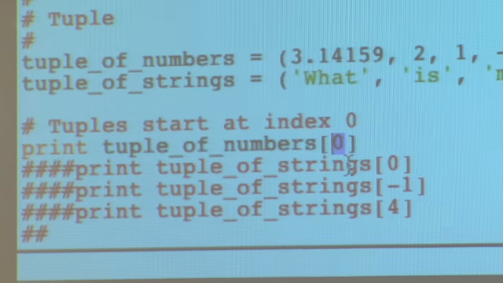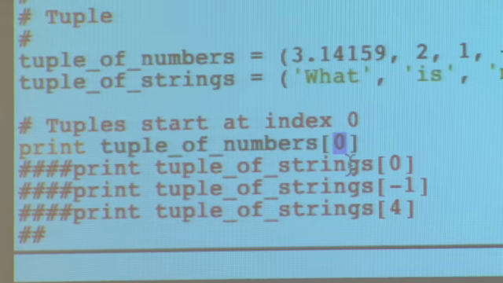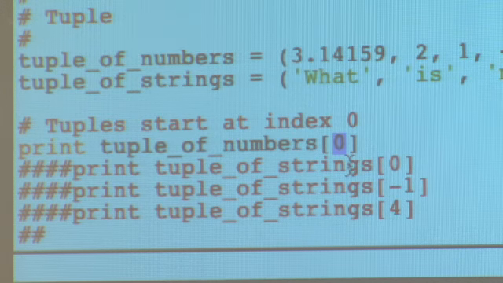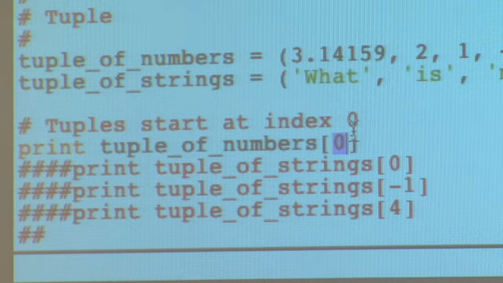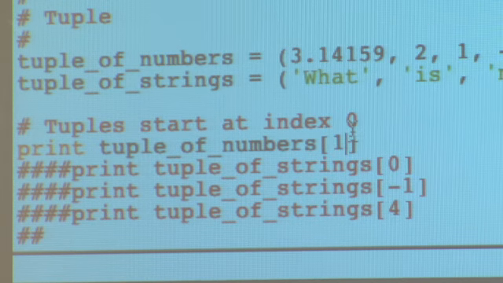Tuples are indexed starting at 0 and in increments of 1. So when I say tuple of numbers 0, what should this print out? Right. So it'll print out 3.14159. Now, if I change this to 1, what'll this print out?